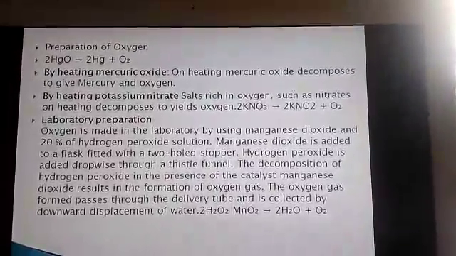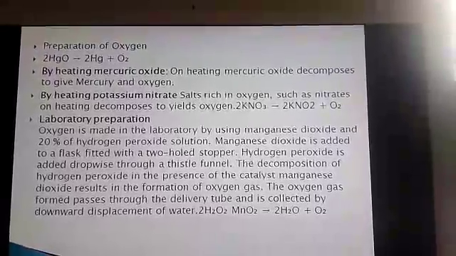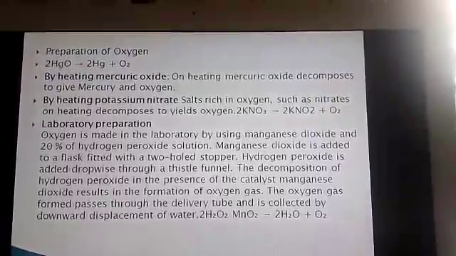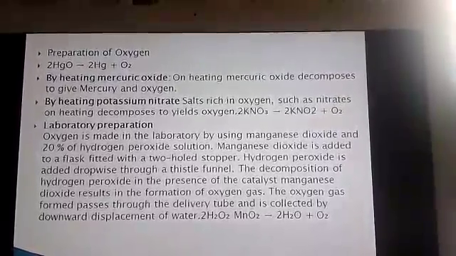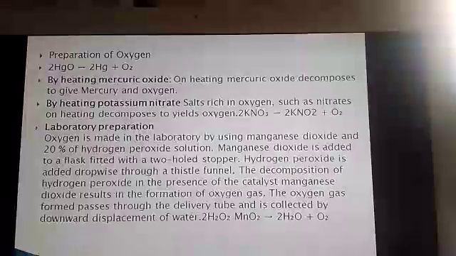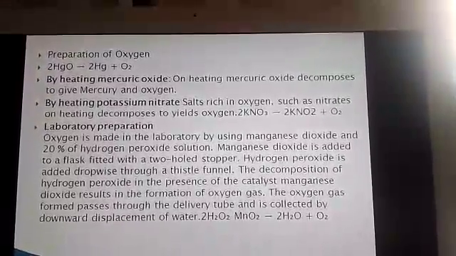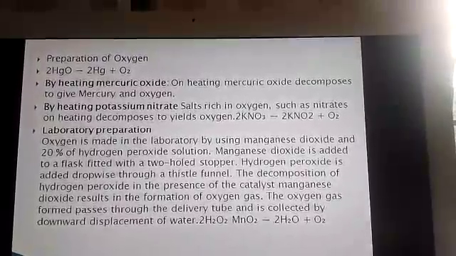By heating potassium nitrate, salts rich in oxygen. So potassium nitrate is a what? Salt, rich in oxygen. What do you think salt is, what we eat? Table salt? No. These are different salts which are in powdery form.